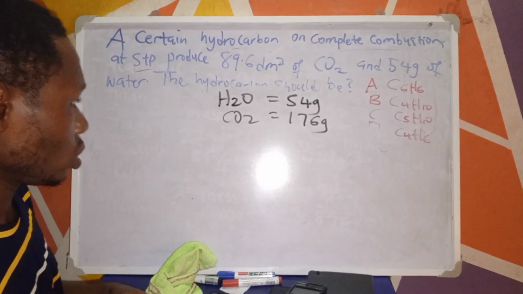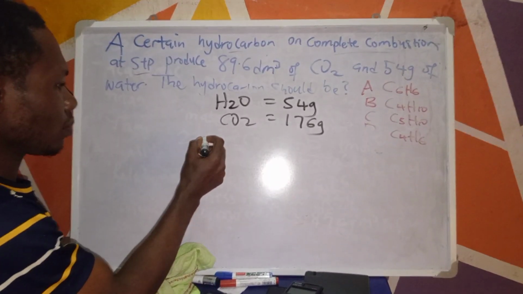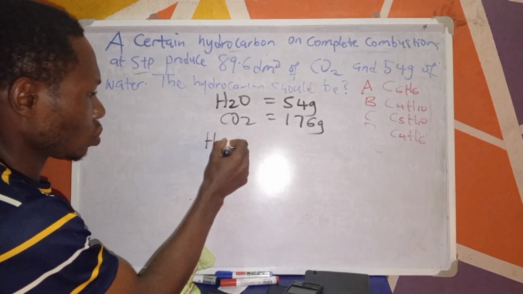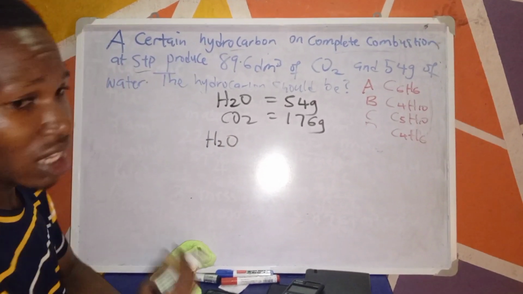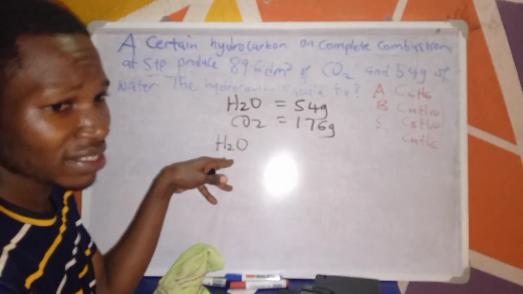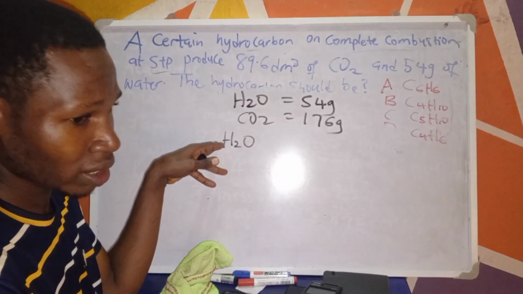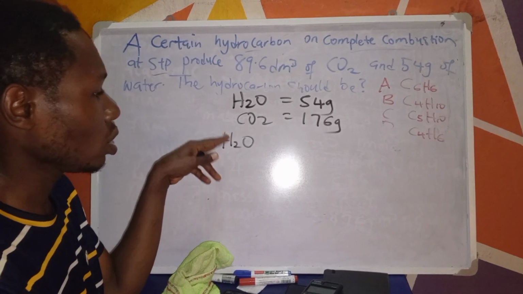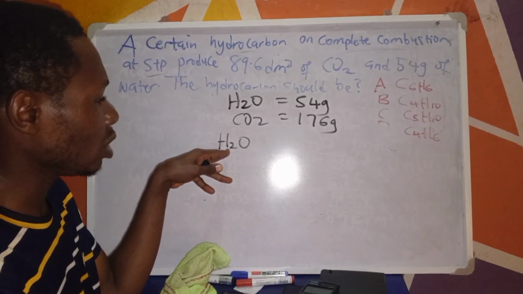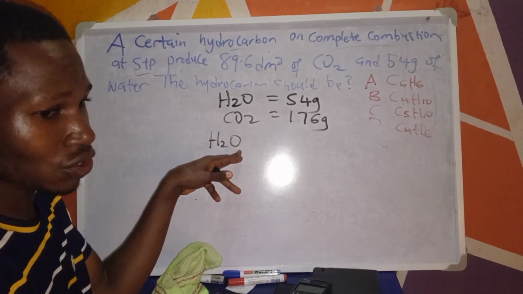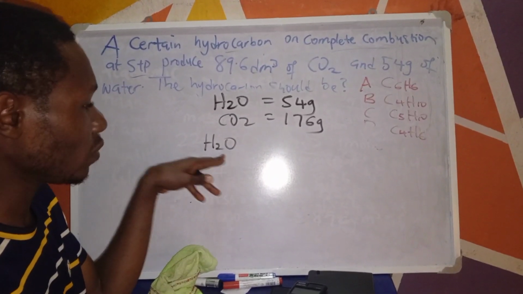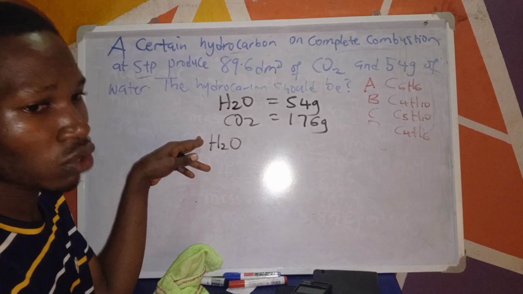To start from hydrogen, we know that this is the molecular representation of water. And what this means is that if we are considering this in terms of a mole of water, that means we have 2 moles of hydrogen and 1 mole of oxygen that reacted to give us 1 mole of water.